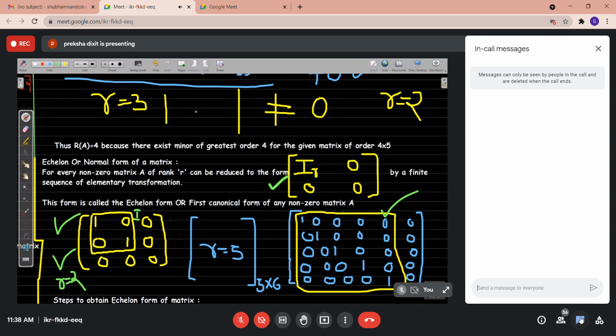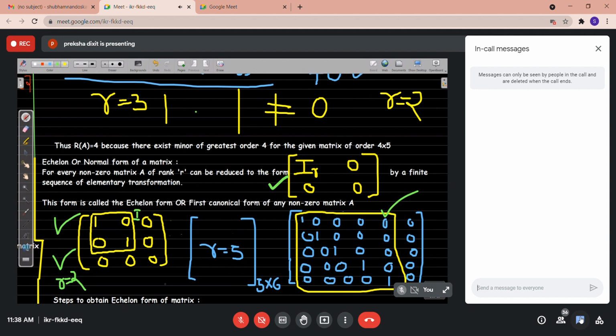Here I took one example of a square matrix which was of order 3 cross 3, and another example which is not of order n cross n, that means another example of a non-square matrix, and how its echelon form is going to look like.